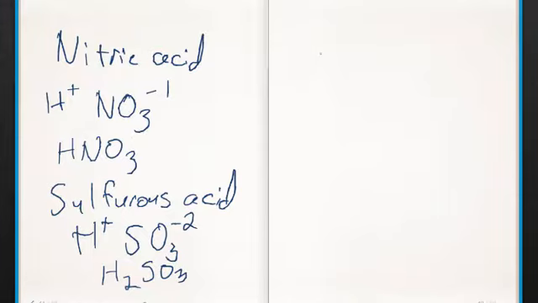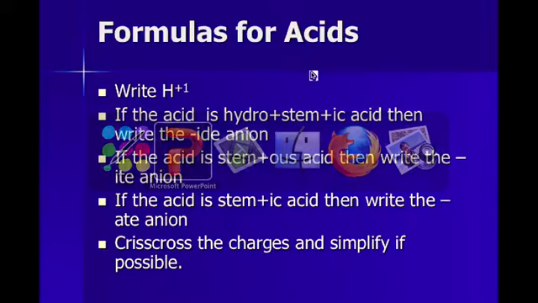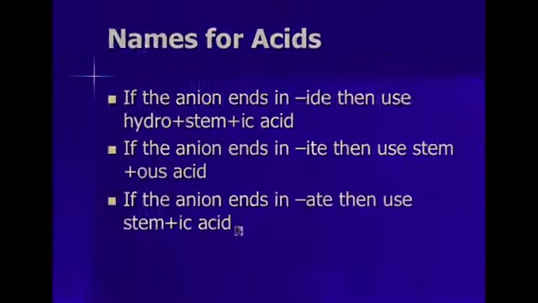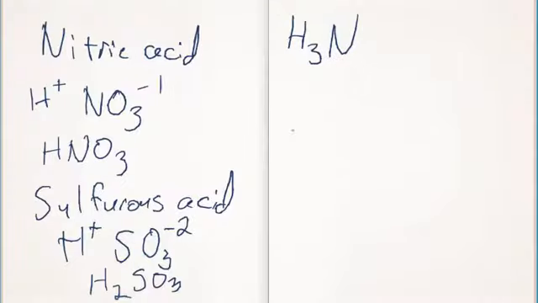So now let's look at, if I give you a formula, how you write the name. This will be the last thing we do. If I give you a formula and you have to write the name, then you have to look at the anion. So get these in your notes. As soon as you get it in your notes, start it up again, and I'll show you an example. Here's your example, H3N. How would you name H3N? Well, you've got to look at the anion. What's N straight off the periodic table? N is nitride.